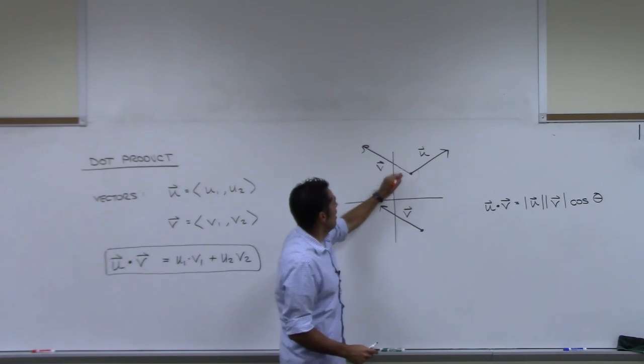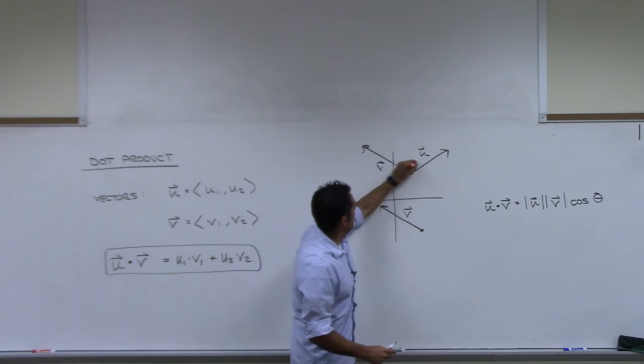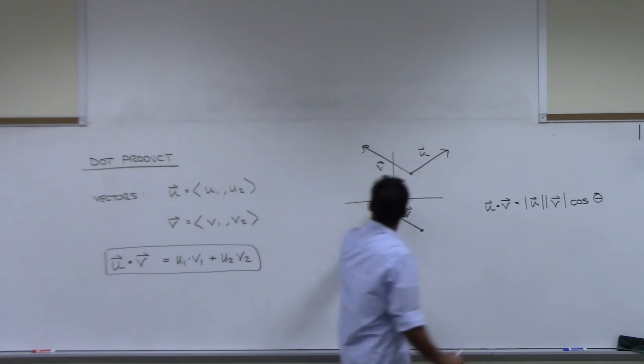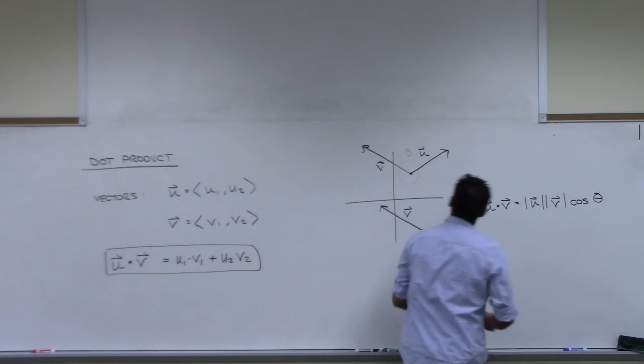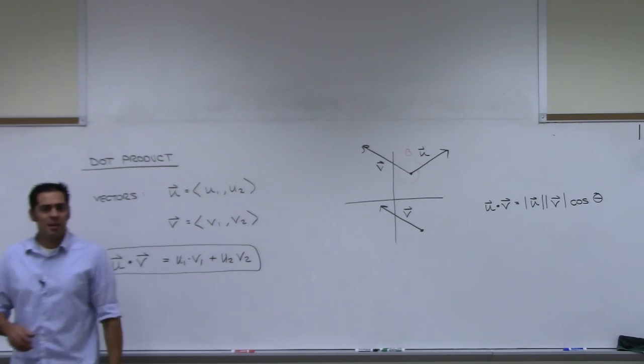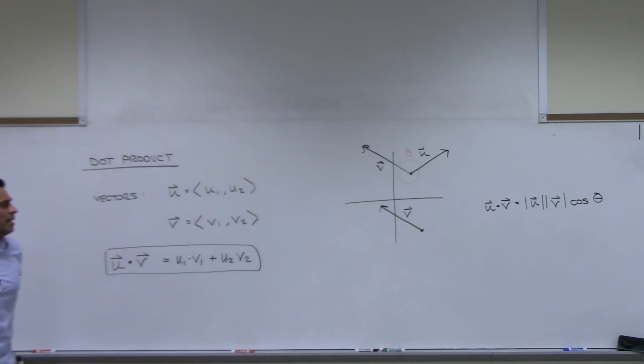There's this angle, and then there's this angle, and theta is always the smallest one between the two. So theta would be this. This in some way gives me a formula that involves the angle between two vectors, and that's going to be very useful to us.